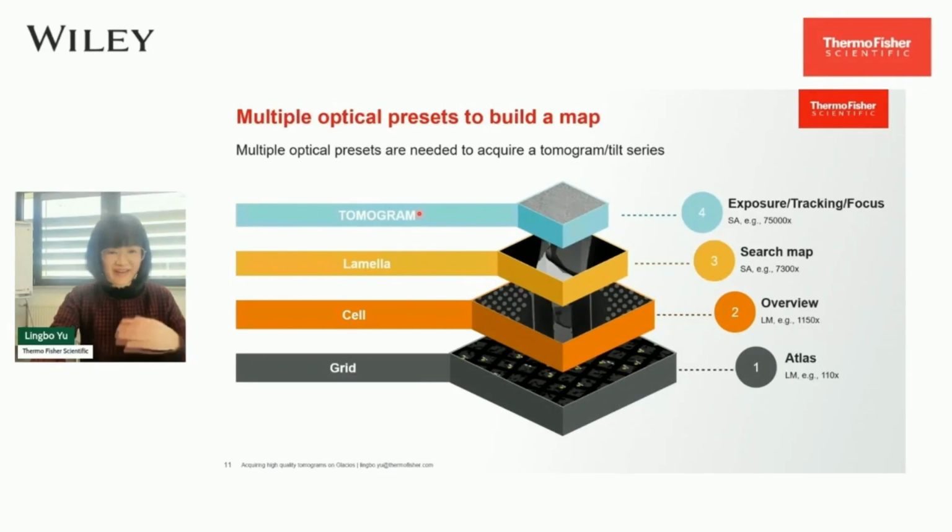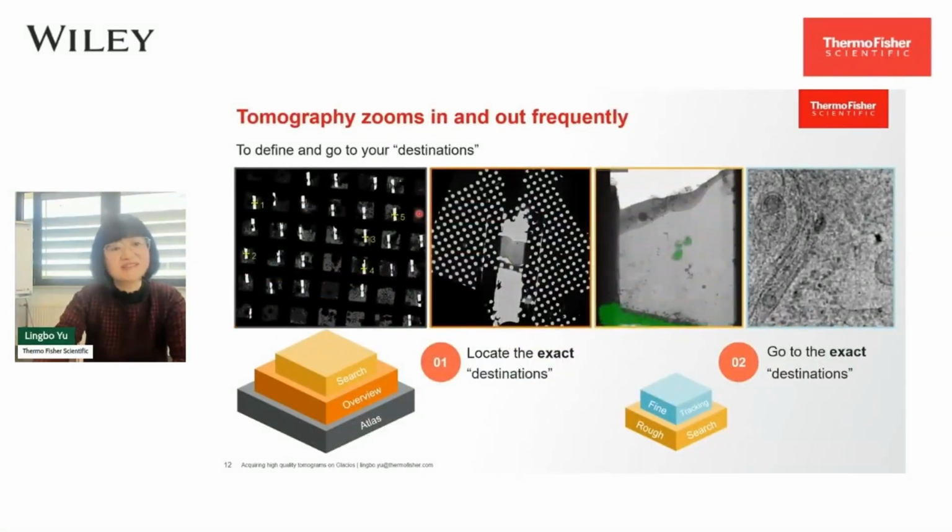Now we have a tomo pyramid defined. The next question is, how often do we need to use the pyramid? Very frequently, it turns out. First, of course, we need to use a pyramid to locate the exact destination, like finding Central Park, as in the previous example. This is a difficult task.